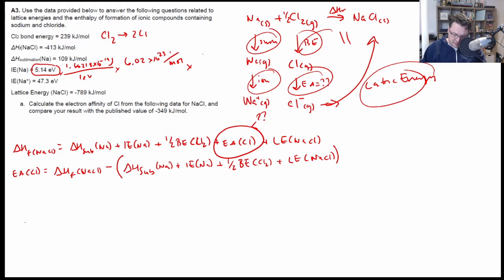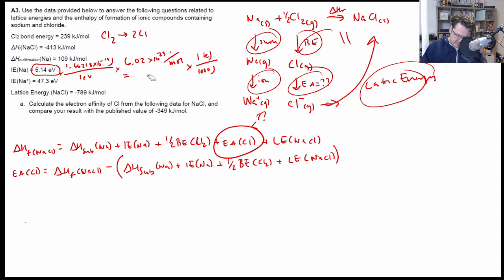Then all we have to do is convert it, where 1 kilojoule is 1,000 joules. So if we do all of that, we have 5.14 times 1.6021 8 times 10 to the negative 19 times 6.02 times 10 to the 23rd divided by 1,000, which gives us a value of 495.8.